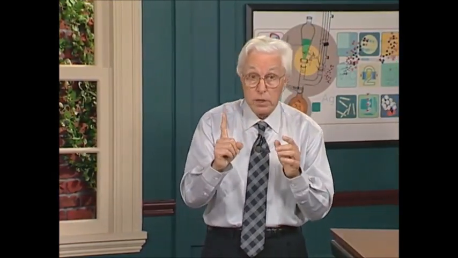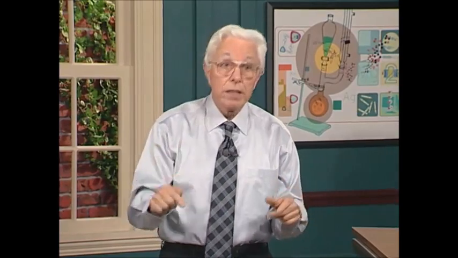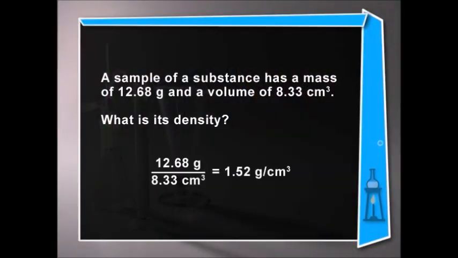If you want to know how many grams there are for 1 cubic centimeter, then all you have to do is divide the number of grams by the number of cubic centimeters. Remember, anytime you divide two numbers, you are making the denominator 1. So 12.68 grams divided by 8.33 cubic centimeters means that the density, the mass of 1 cubic centimeter, would be 1.52 grams per cubic centimeter.